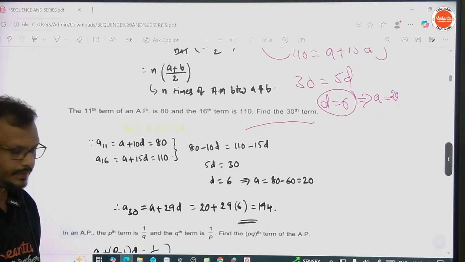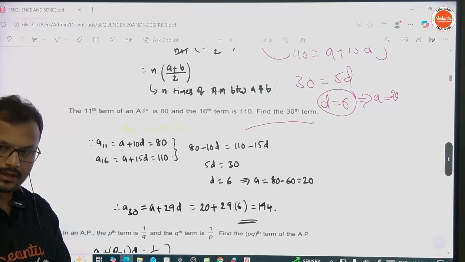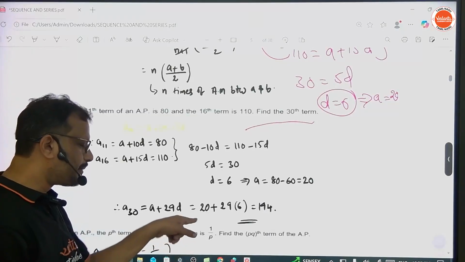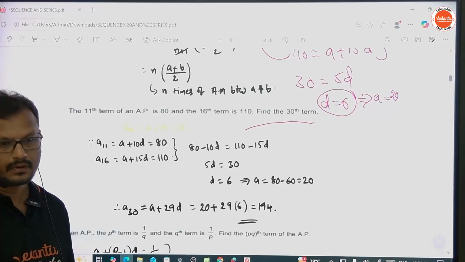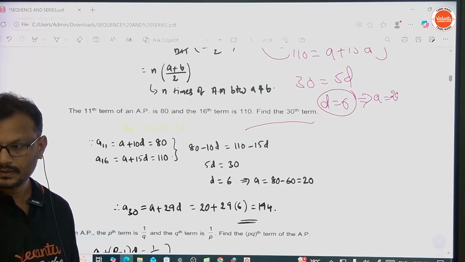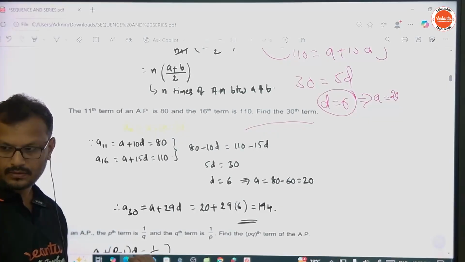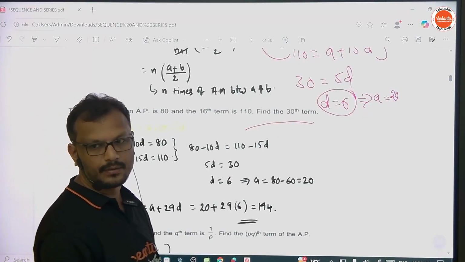Let's try this one. The Pth term is 1 by Q. The Qth term is 1 by P. Then what will be the Qth term of the AP? So there are two conditions given now. Based on that, you can find the A and D values.